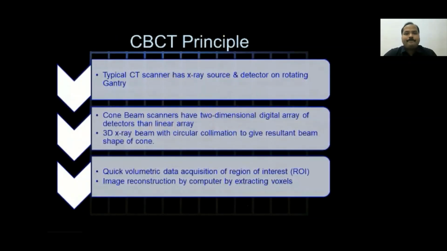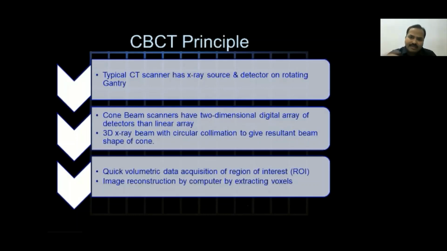So what is the principle behind cone beam computed tomography? Now, as we have seen, the CT scanner has an X-ray source and a detector, and they are placed in a ring-shaped gantry, which has a rotating object, which is rotating in itself.